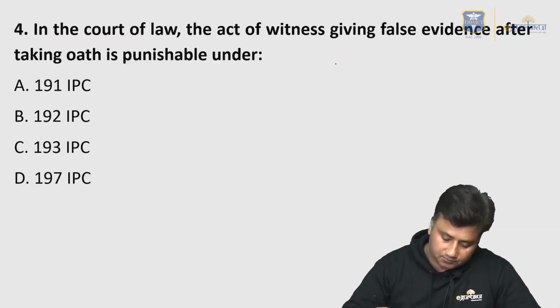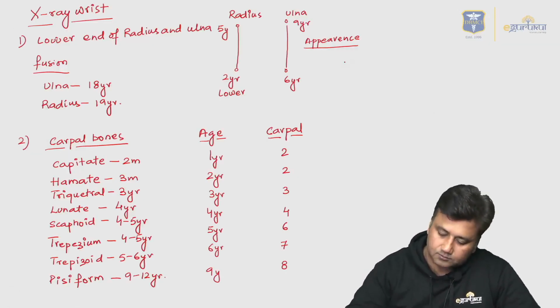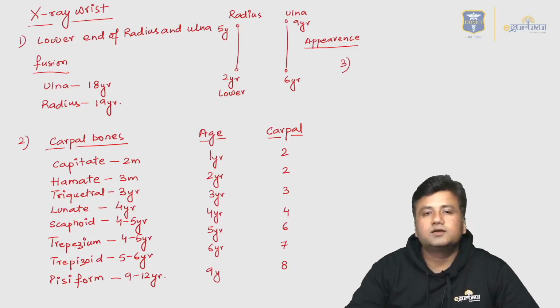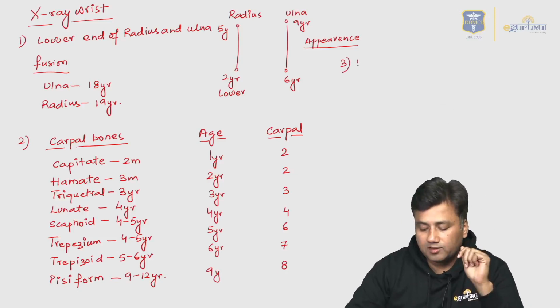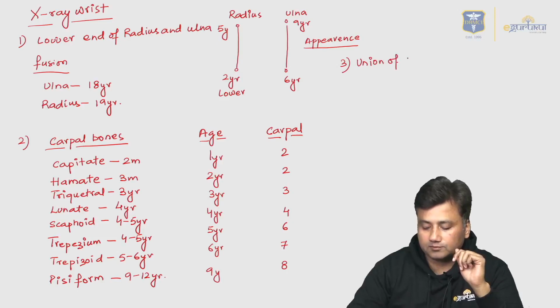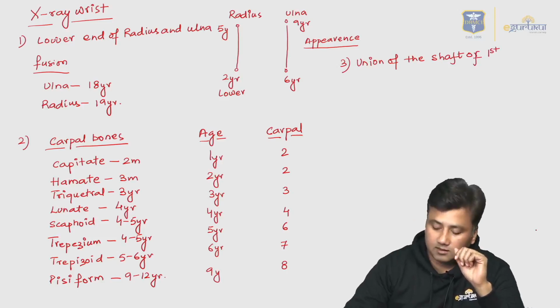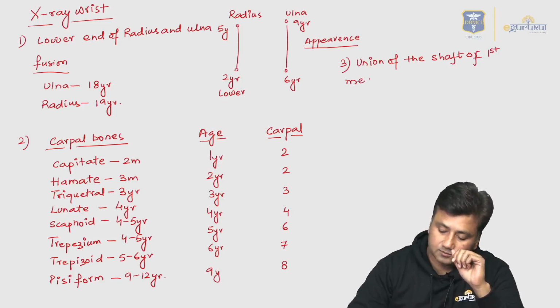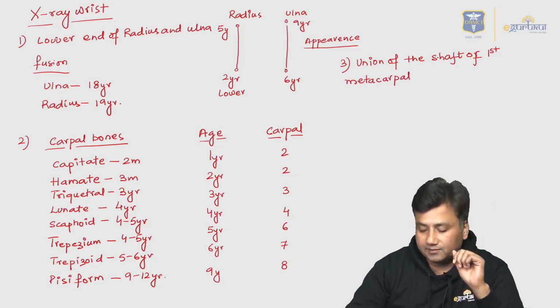The third thing to look for is the union of the shaft of the first metacarpal with its head.